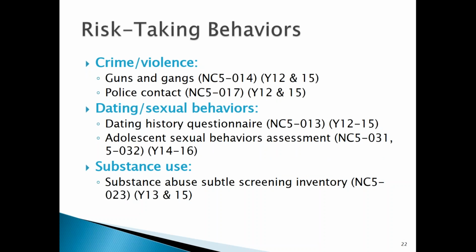And I've included under this heading things like crime or violence, and there's a measure called Guns and Gangs, which is very descriptive of what it covers: things like weapons, whether they have certain weapons, whether they are members of a gang or know people who are members of a gang. There's also a measure of police contact, so have they committed certain crimes, have they been arrested, have they had to go to court, things like that.